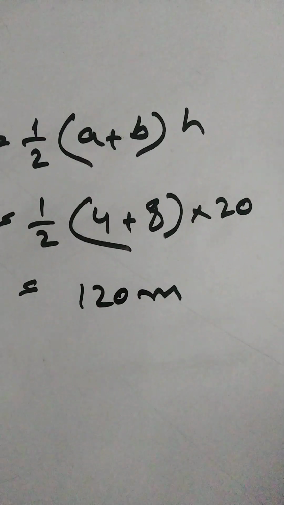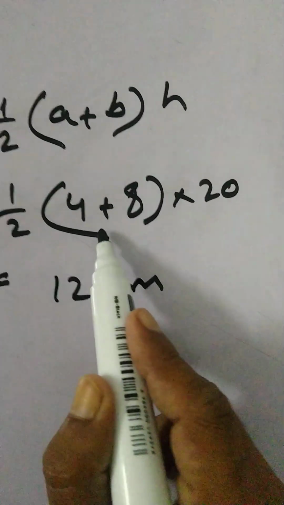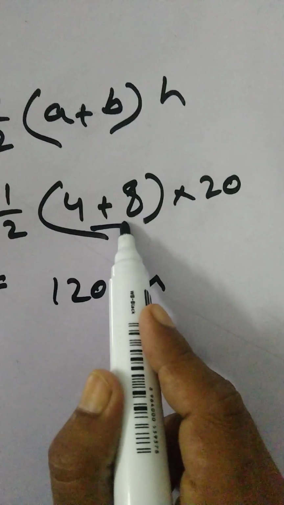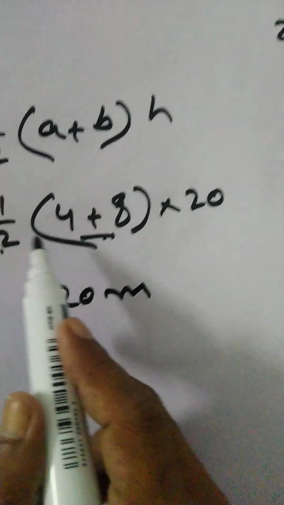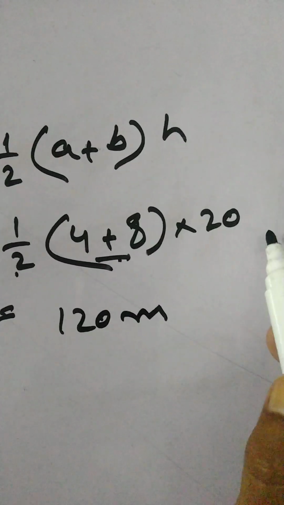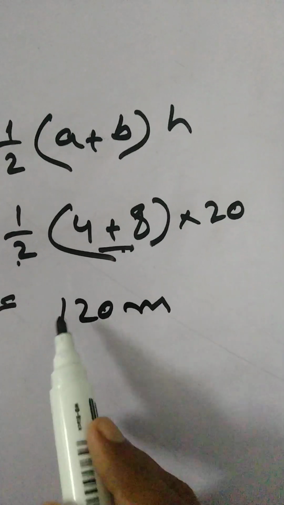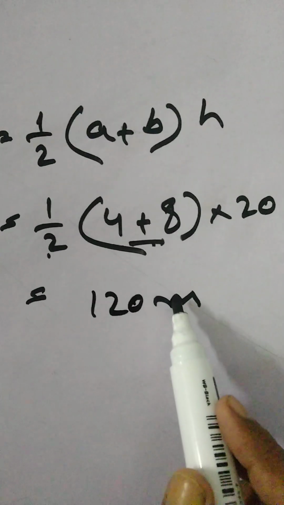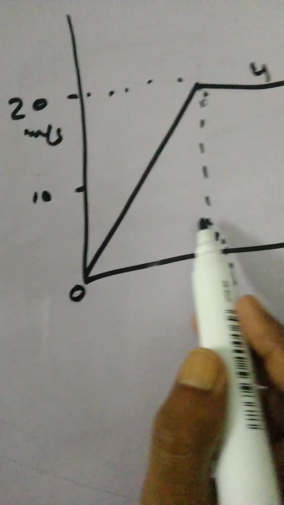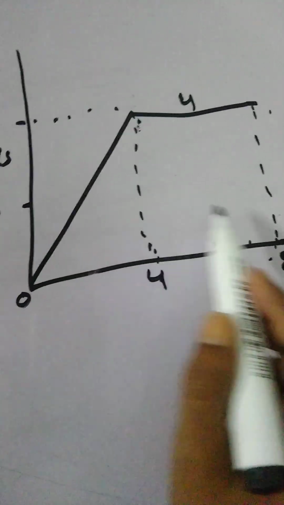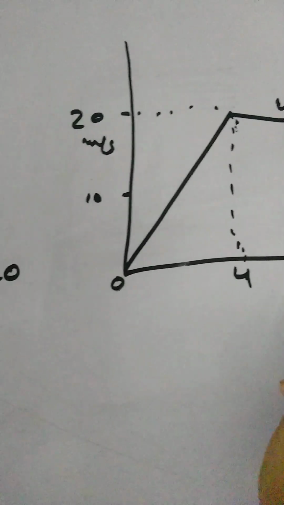After adding these two values, 12 divided by 2 is 6, multiplied by 20, our answer is 120 meter. This is the area covered by the car in this graph.